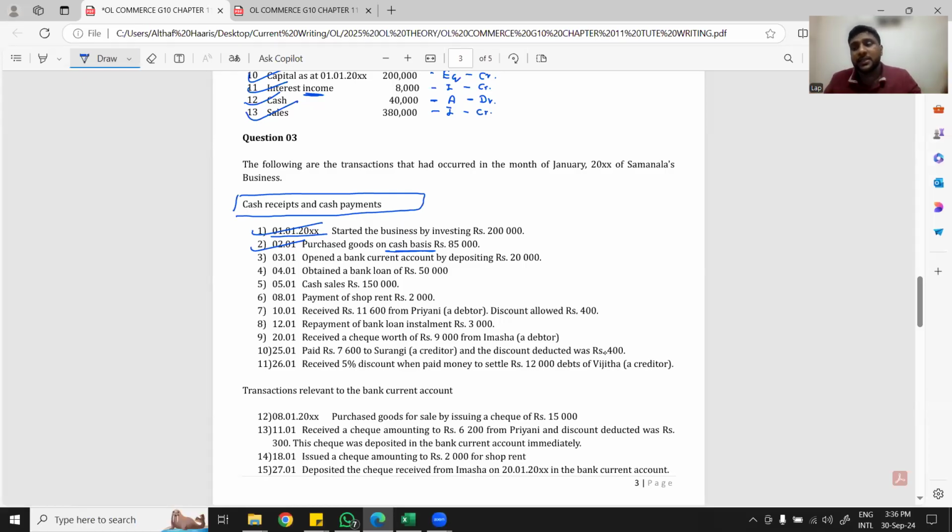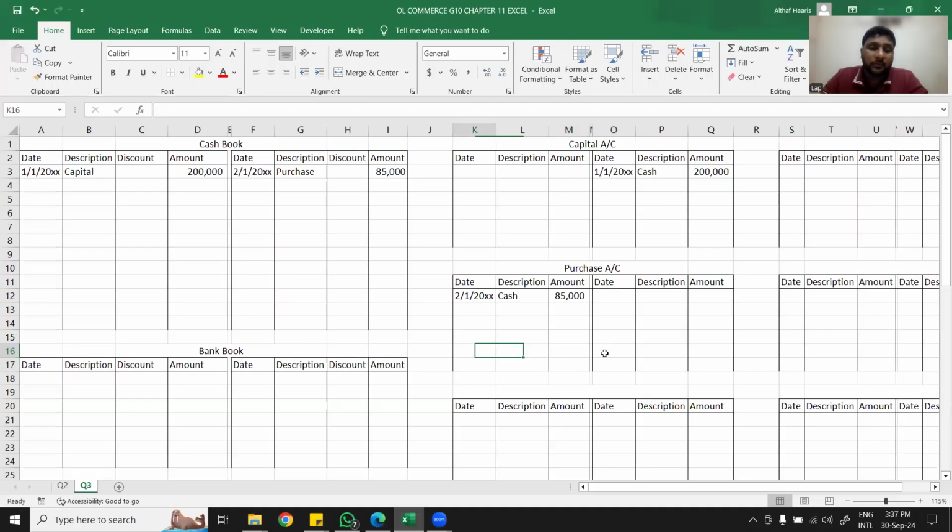So bank debit, cash credit, 20,000. We are done with the third one also.